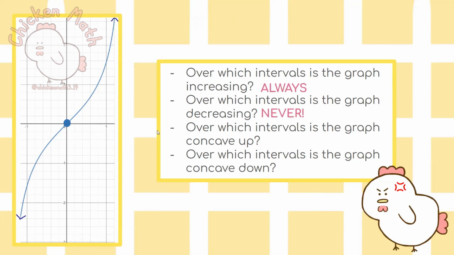So as we said earlier, concave up like a cup. So this part is kind of like a cup, I guess. So that would be concave up from 0 to infinity. And then concave down, right here, like a frown, from negative infinity to 0.